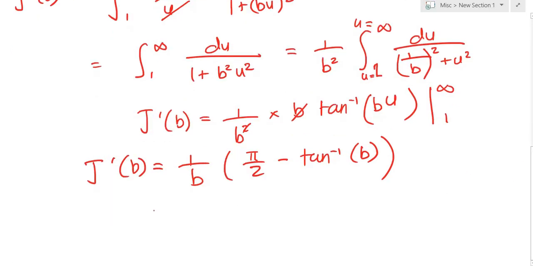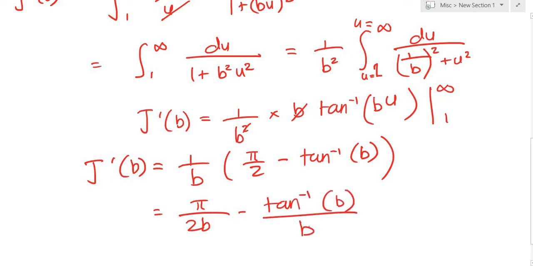So let me separate this out into two terms. So I have pi over 2b minus the inverse tangent of b over b. Well, that's just our j prime of b.